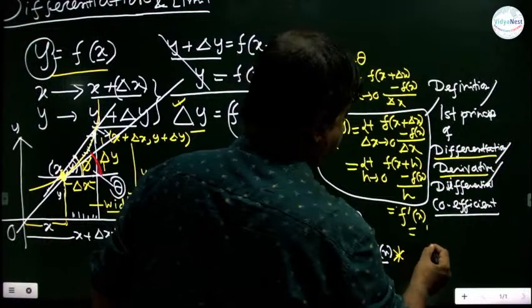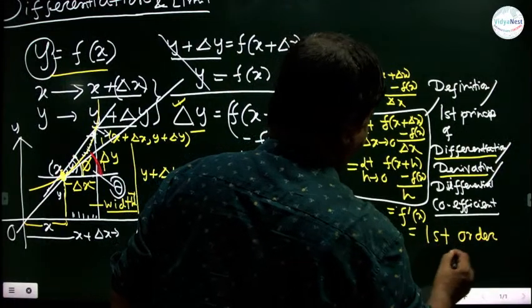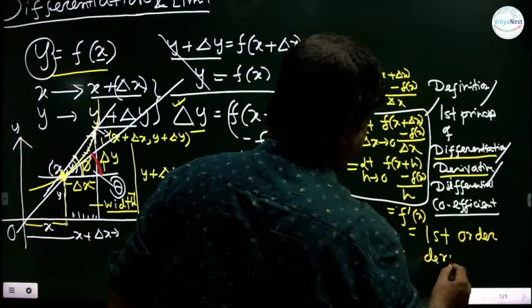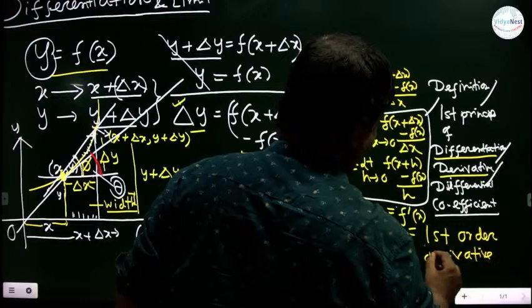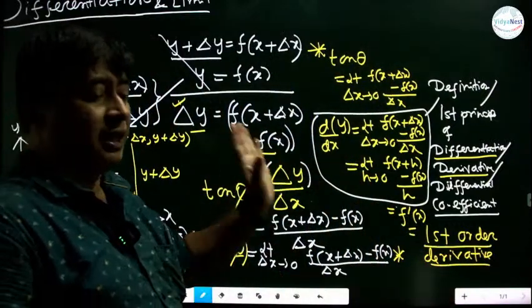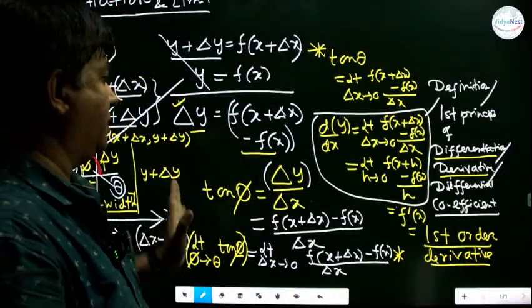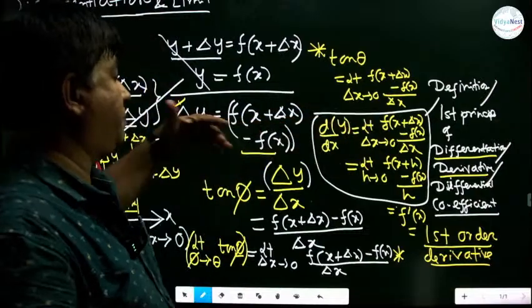This is the first order derivative or differentiation, f dash x. Understand? This is the definition of differentiation.